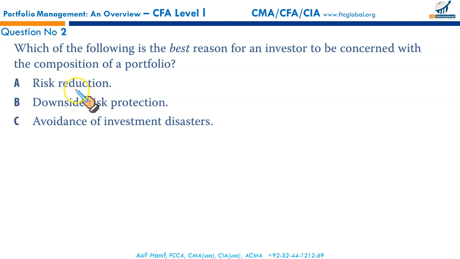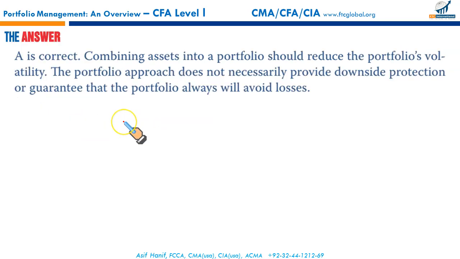So it's primarily focused on risk reduction. But at the same time, a portfolio approach does not provide any protection against downside risk. There is no guarantee that the portfolio will always avoid losses. So B and C are not possible. That makes A the correct option.